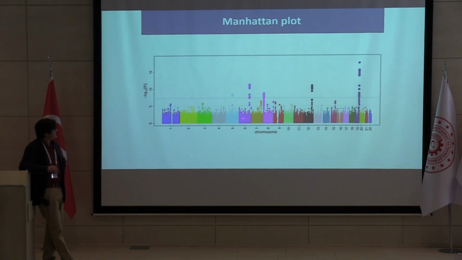Every chromosome, and you're going along the genome, and you see the reason it's called a Manhattan plot. It's because you have all of these skyscrapers here. Why do you see multiple variants at each of these peaks? Why are they not isolated?